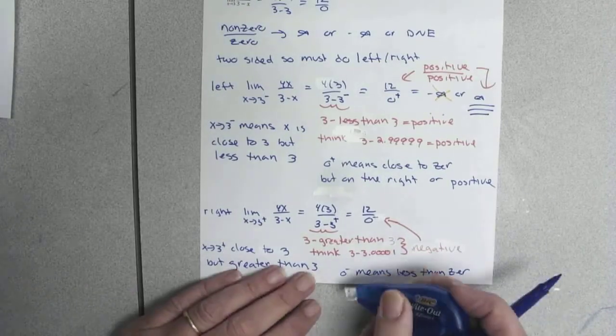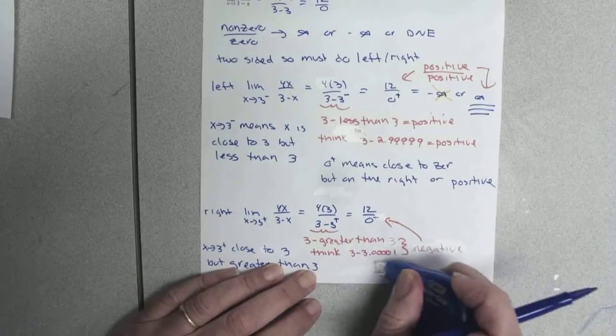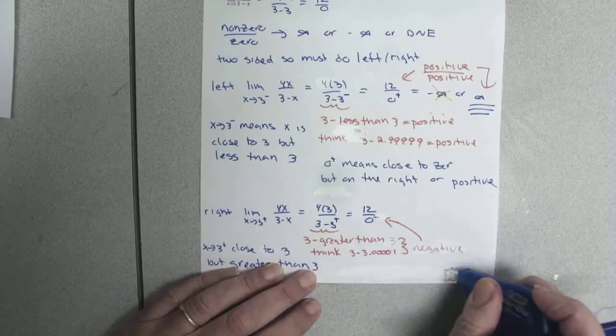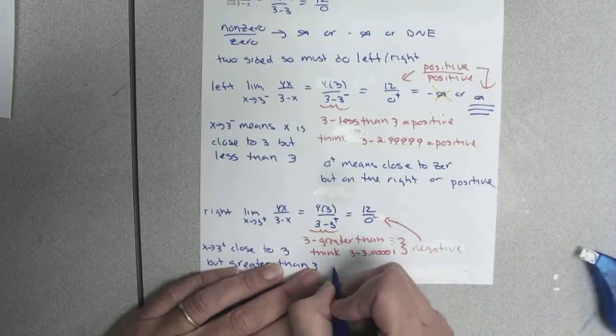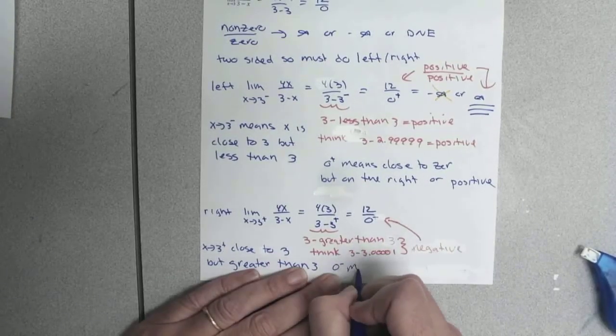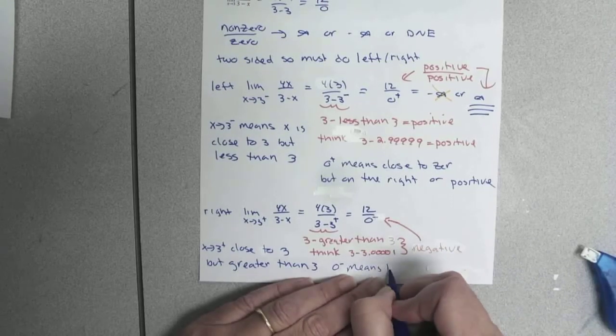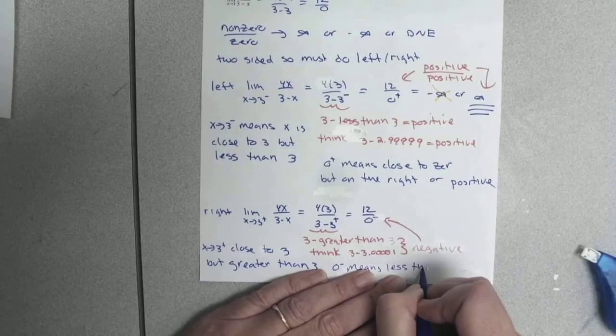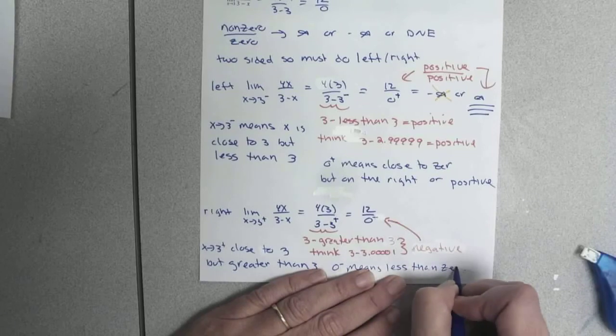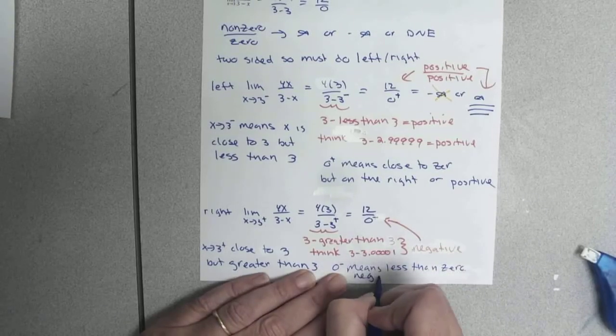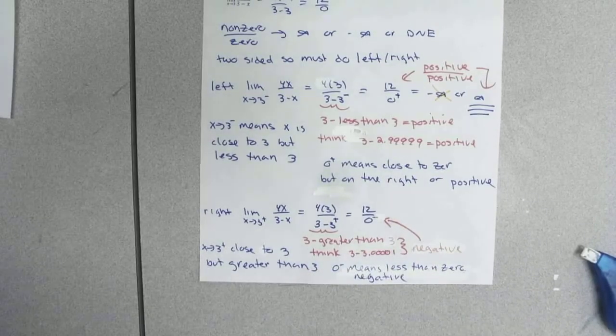I'm going to run out of room there, so let's try again. That 0 negative means less than 0. And things that are less than 0 are negative.